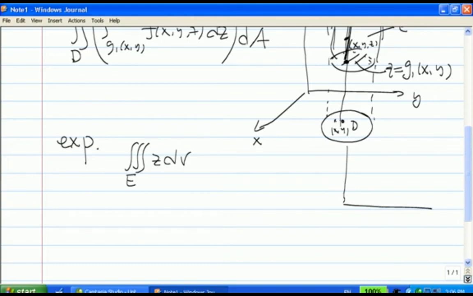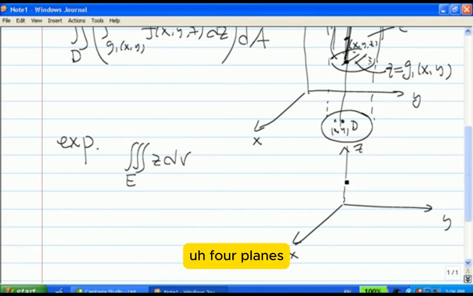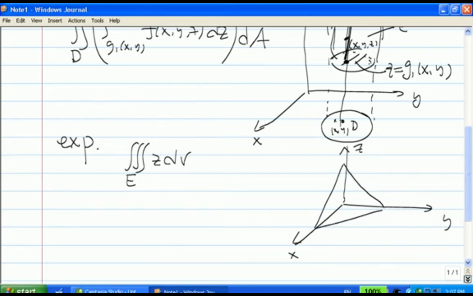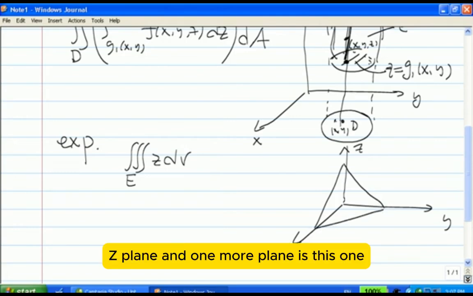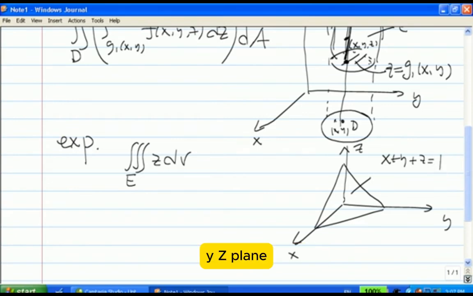My E is a tetrahedron bounded by 4 planes: the xz plane, the xy plane, the yz plane, and one more plane, x plus y plus z equals 1.